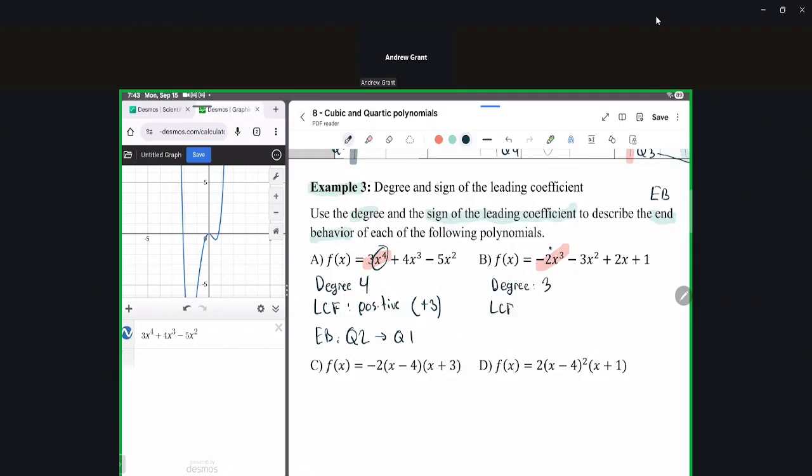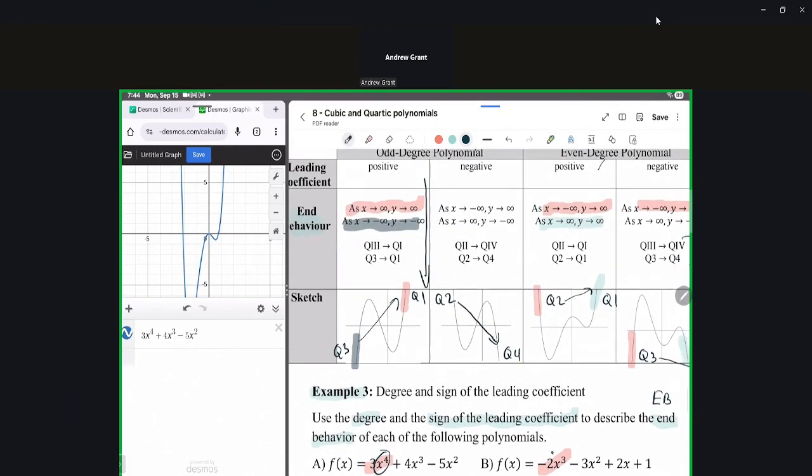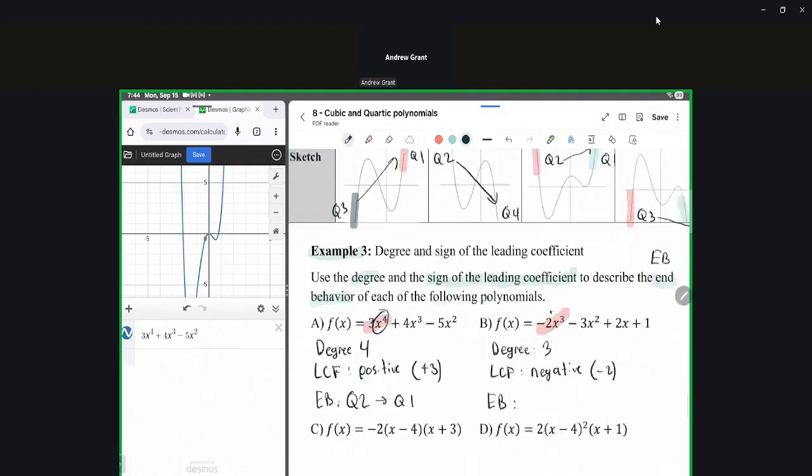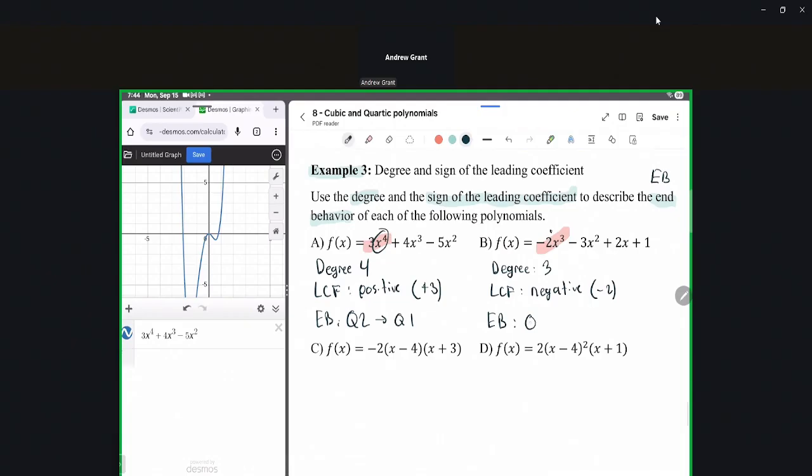The leading coefficient is negative, and specifically it's negative 2 in case you're wondering. And for the end behavior, so we're talking about a degree 3 negative. So degree 3, that's odd. That means it goes from quadrant 2 to quadrant 4. And we can just write it as Q2, right arrow Q4.